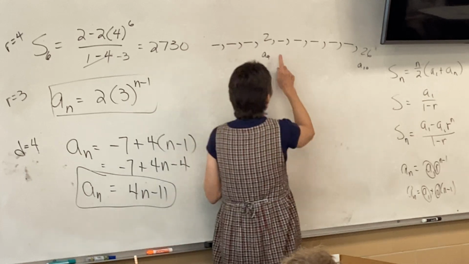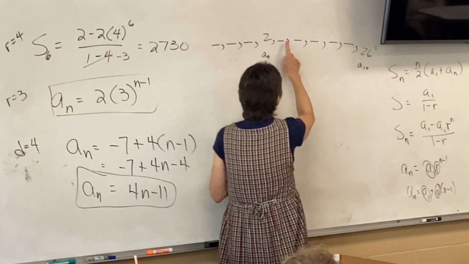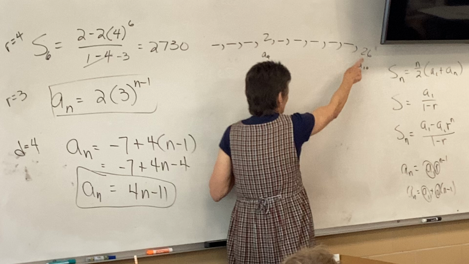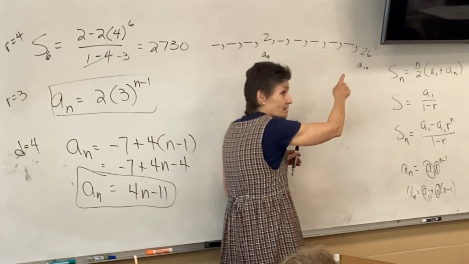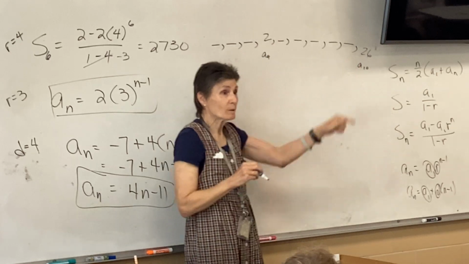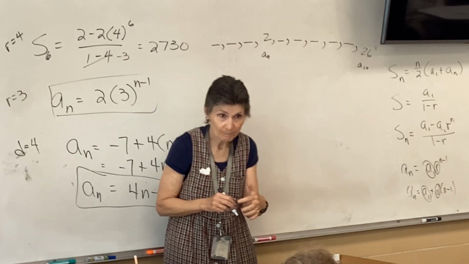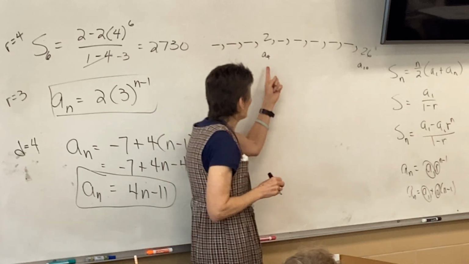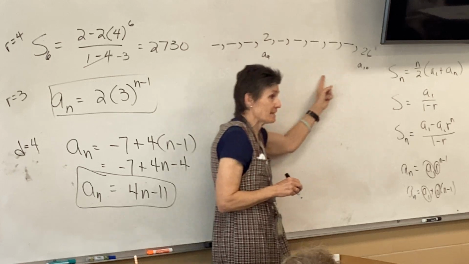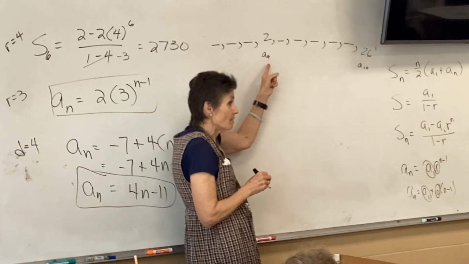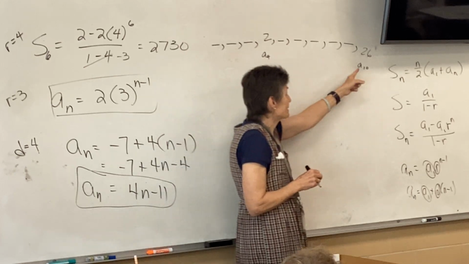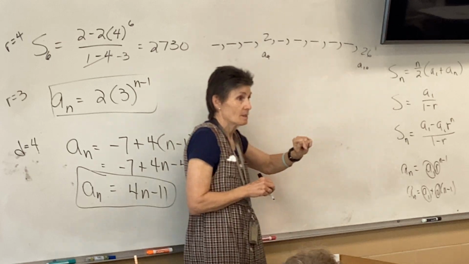Now, that means that I would add something, and eventually get from 2 to 26, right? Now, from 2 to 26 is a distance of 24. And how many steps am I taking to get from the 4th term to the 10th term? 6.